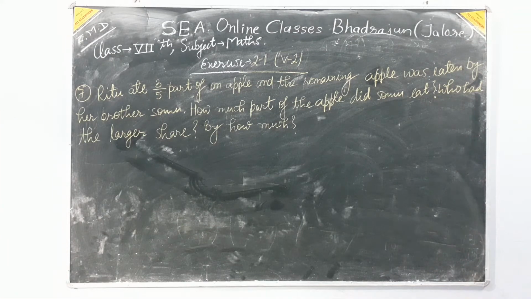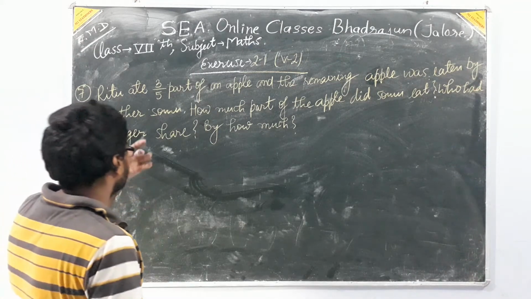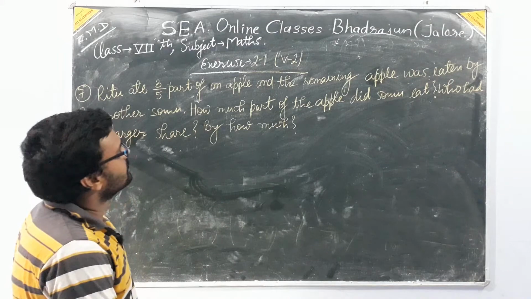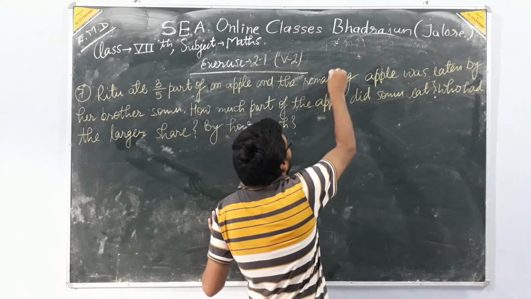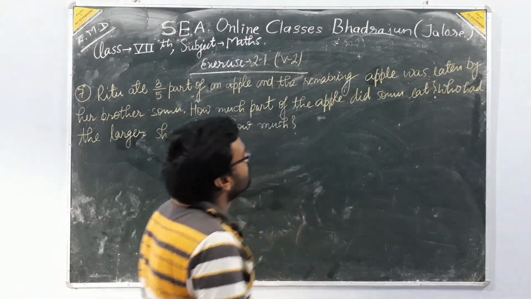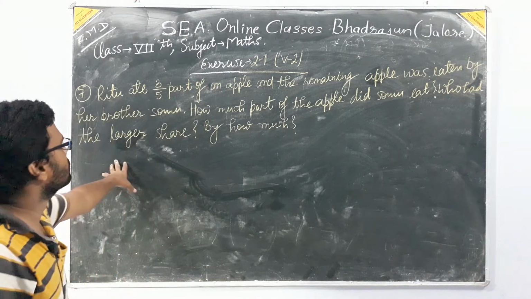Okay, so let us start with our question number 7, which is: Ritu ate 3/5 part of an apple and the remaining apple was eaten by her brother Somu.